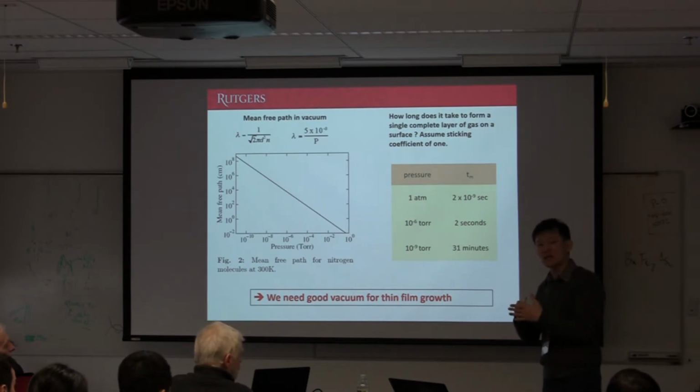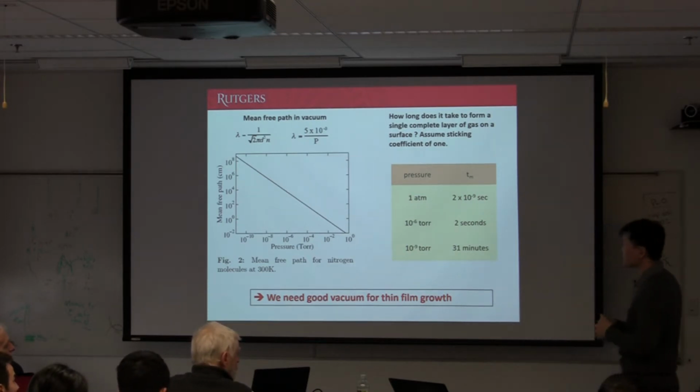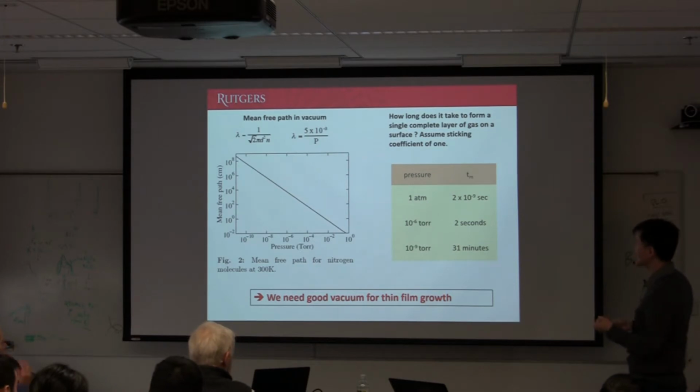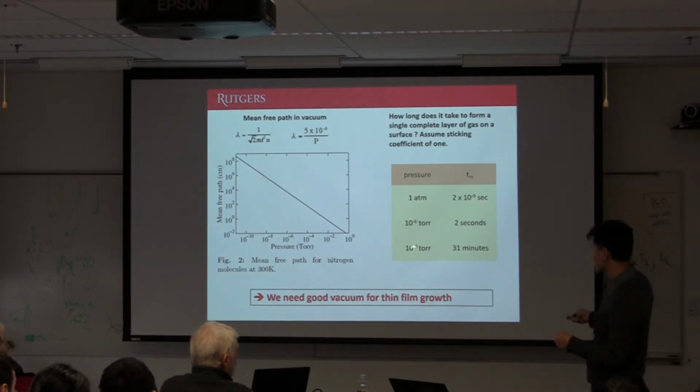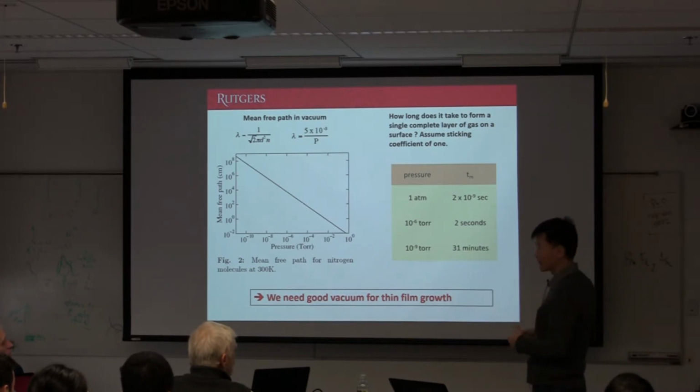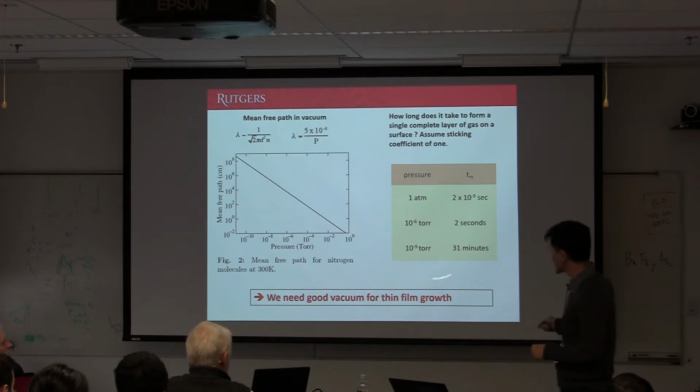If your surface is quite reactive, like silicon or something like that, then your vacuum definitely should be many orders of magnitude better than this. At 10 to the minus 9 torr, it takes 30 minutes. So it should be better than this, roughly speaking. That's usually the condition MBE operates in.